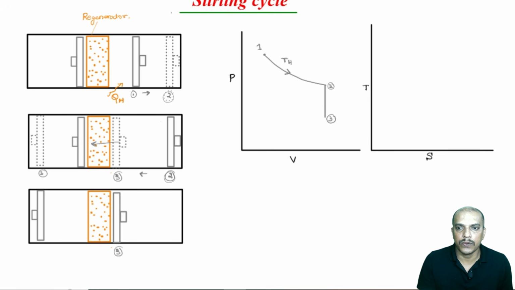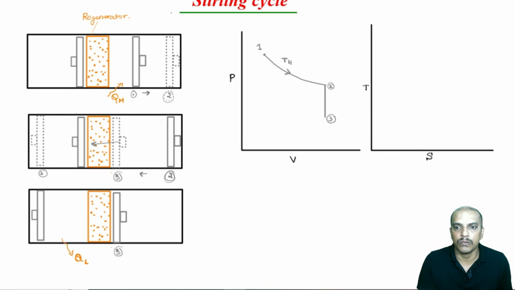Now, from 3 to 4 there is a compression and there is a heat rejection. So, maintaining constant temperature. That means we are rejecting heat during this process to a lower temperature reservoir. Let us call it as QL, and the temperature at which this is operating will be TL.